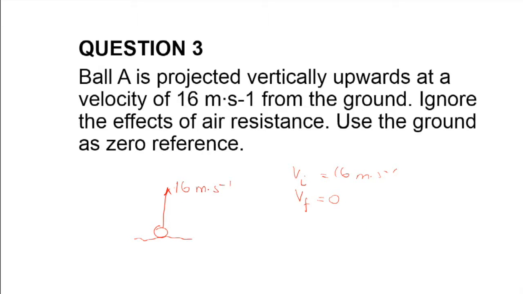And from there, you are always given that g, which is 9.8 meters per second squared. This g is always acting downwards. Whether an object is going upward or downwards, g is always acting downwards. It does not depend on the way the object is going.